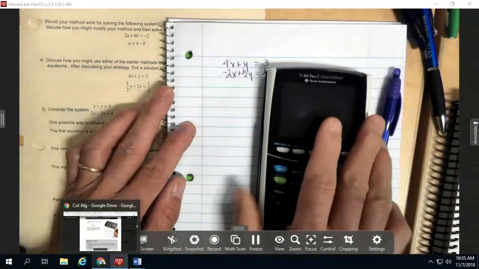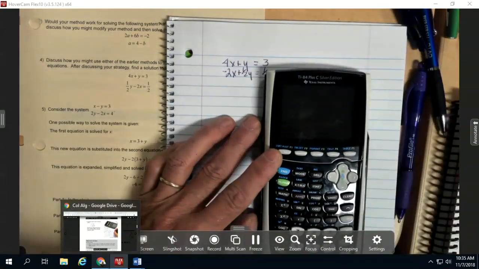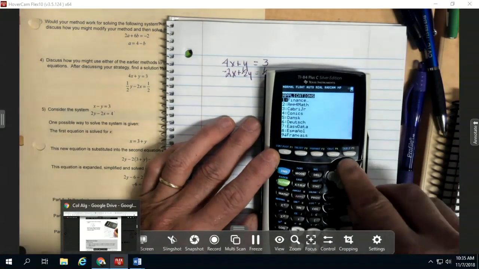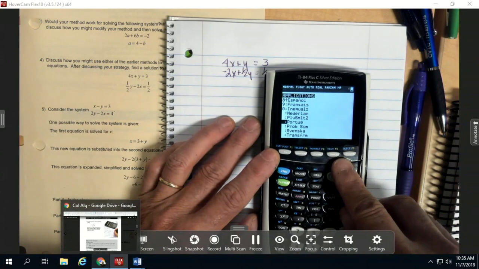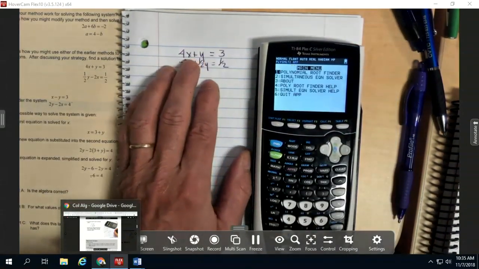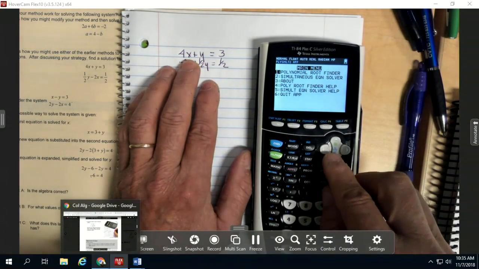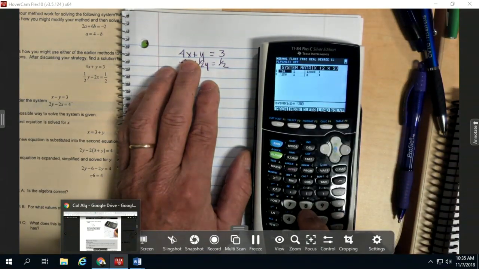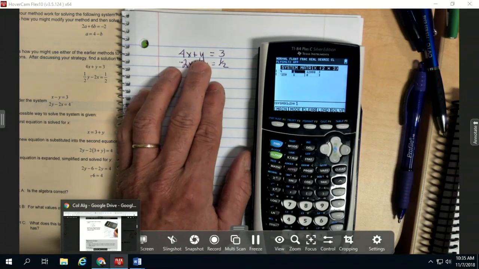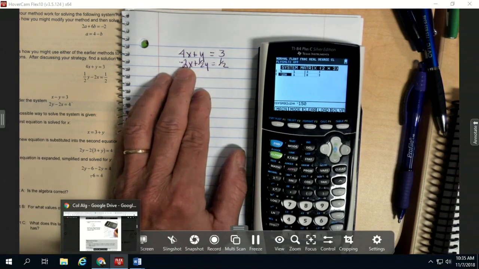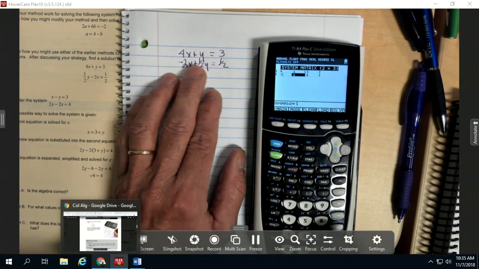So we can go to polysimul 2, and we can do simultaneous equation solver. We can do 4, enter, 1, enter, 3, negative 2, enter.